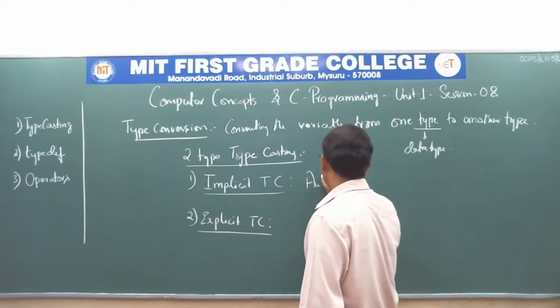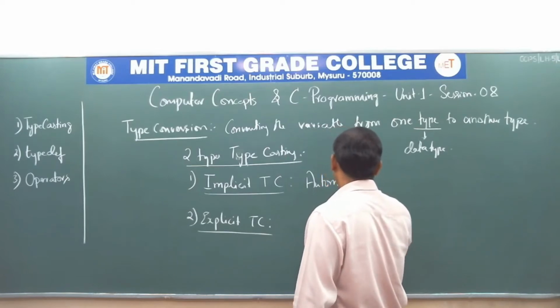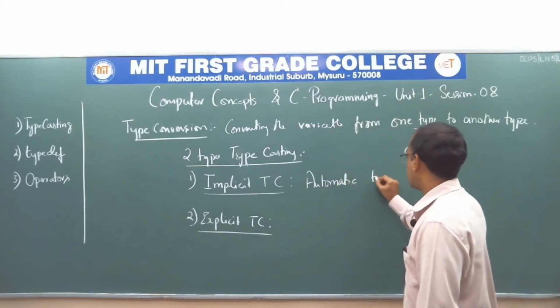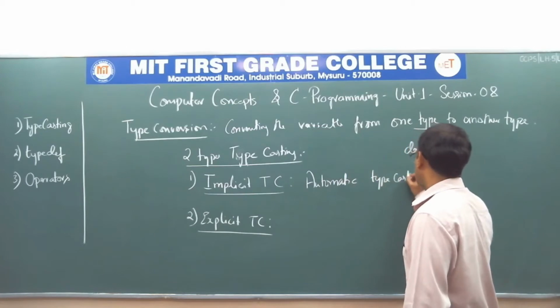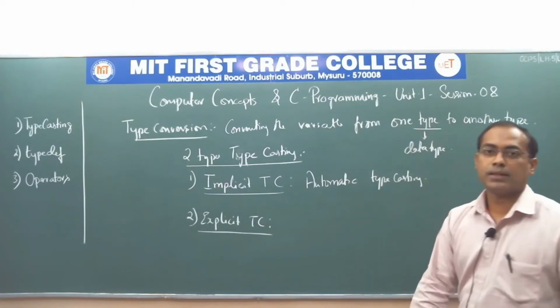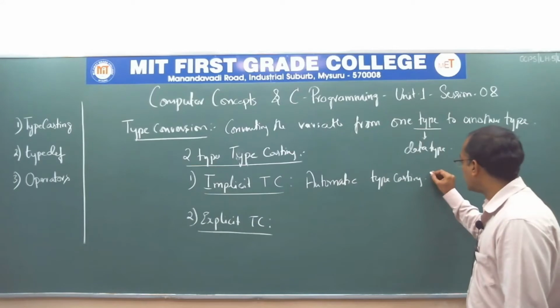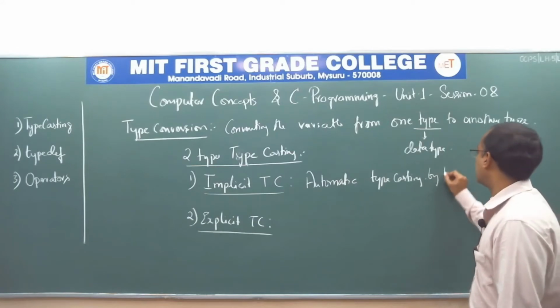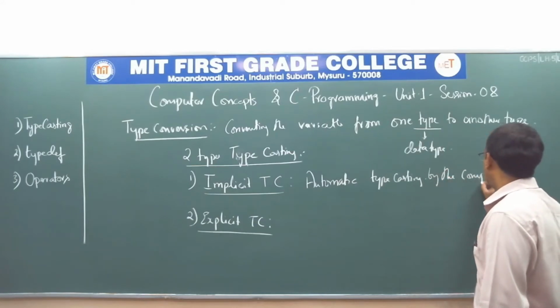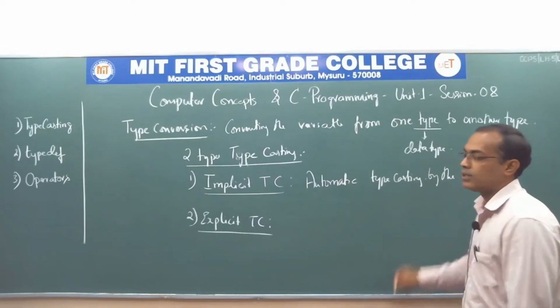So automatic typecasting is called as implicit. Who is doing this typecasting? By the compiler. How does it do it?